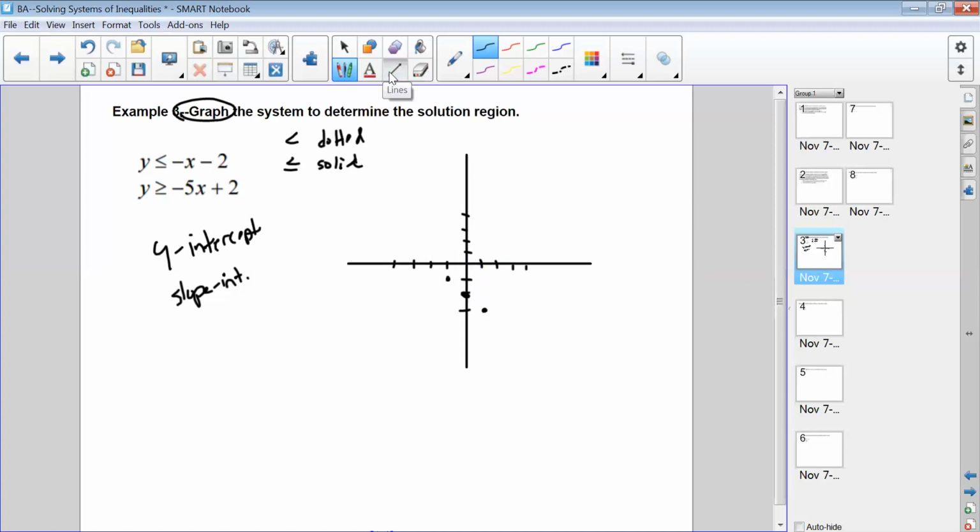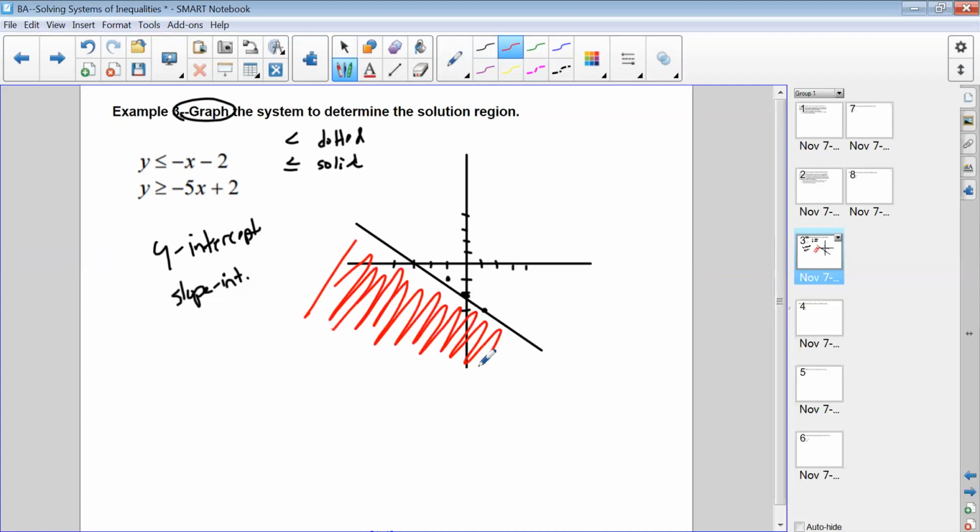So what I have is a solid line and I want to shade everything less than. So I want all ordered pairs that are smaller than this line, less than.